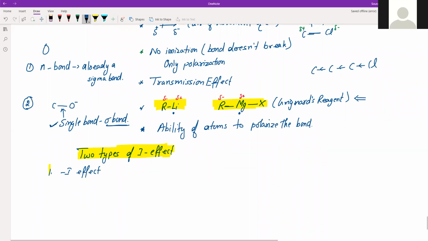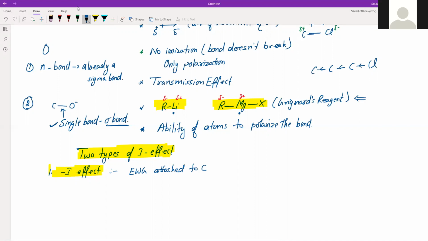What is that? The atoms or groups which withdraw electrons, that is electron withdrawing groups, from the carbon. So electron withdrawing group attached to carbon.